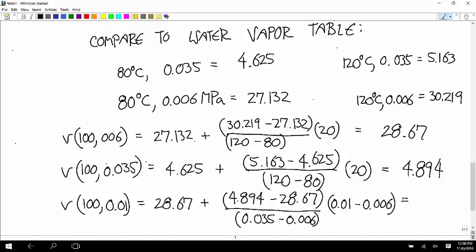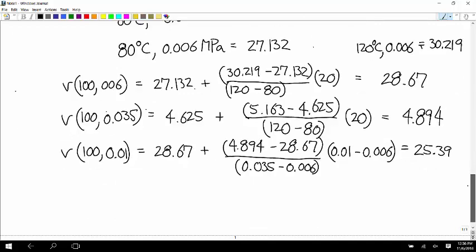And what do you get for that? 25.39. Okay, so that's our first value, and that's in meters cubed per kilogram.